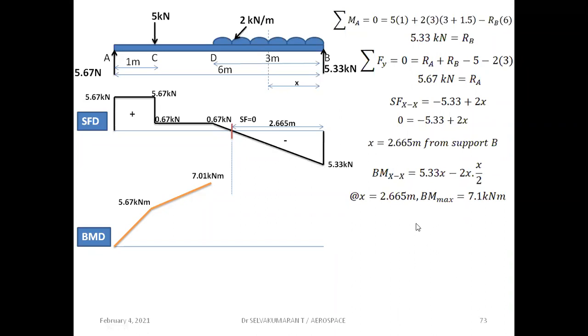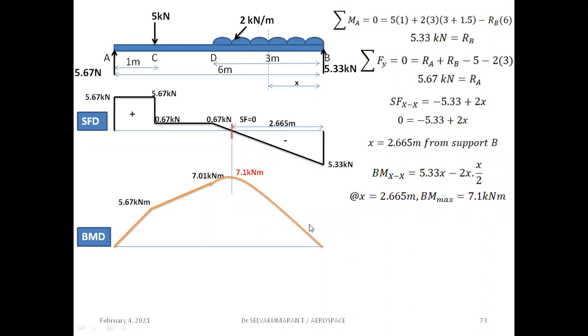So if you substitute the value of x is equal to 2.665 meter in this expression, you will get maximum bending moment, which is coming out to be 7.1 kilonewton meter. And the nature of the bending moment diagram from D to B is a parabola. It's not a straight line.